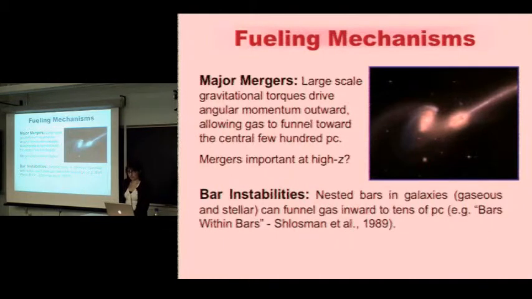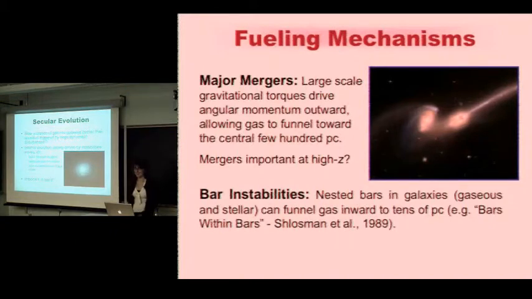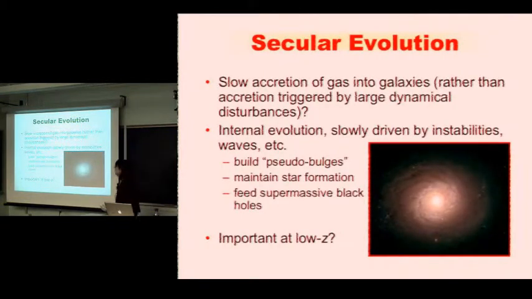So these are different proposed mechanisms that may occur in different populations of galaxies or in conjunction with one another as well. There's also secular evolution of galaxies, so not necessarily where you have two big galaxies merging together, creating all these large dynamical disturbances, but galaxies evolve on their own as well. There's the slow accretion of gas into galaxies just from their local environment.